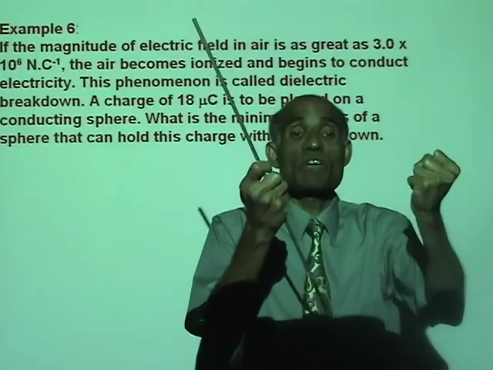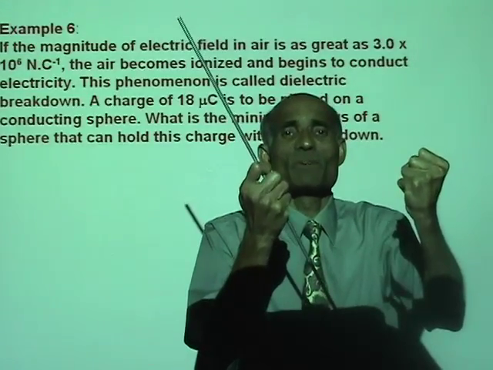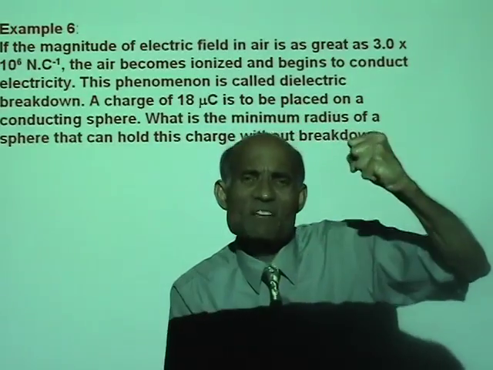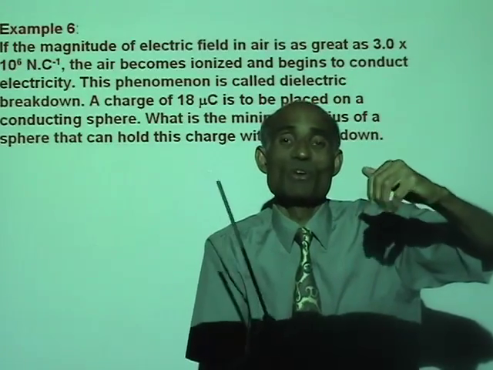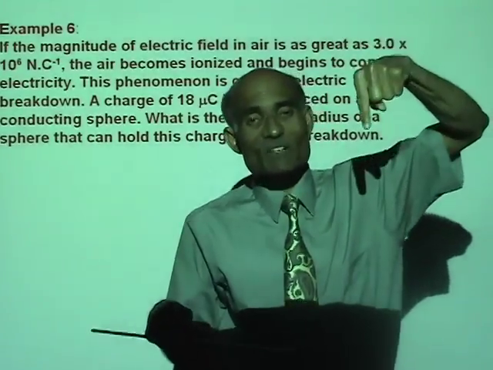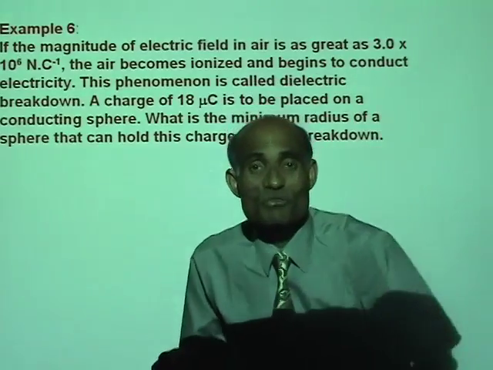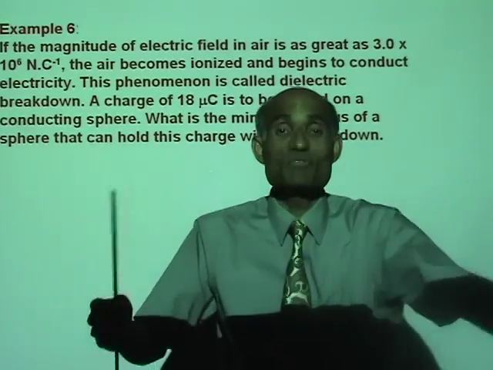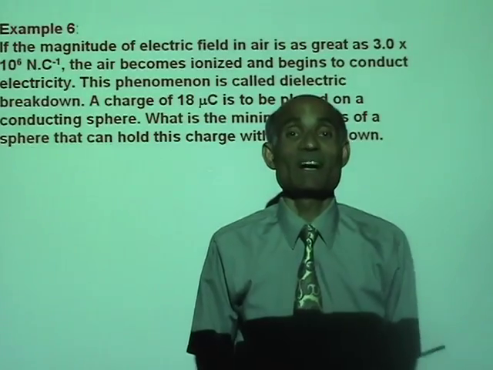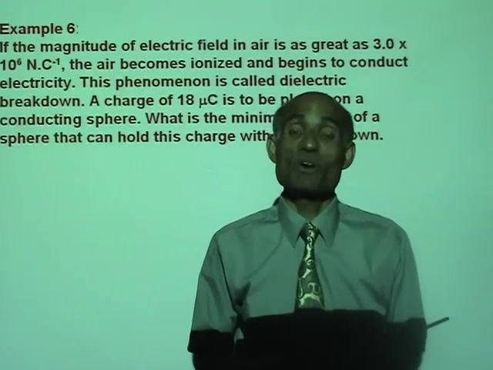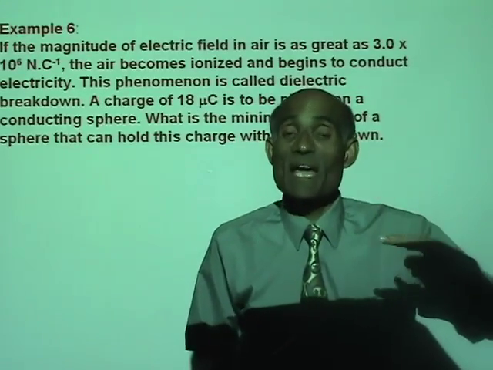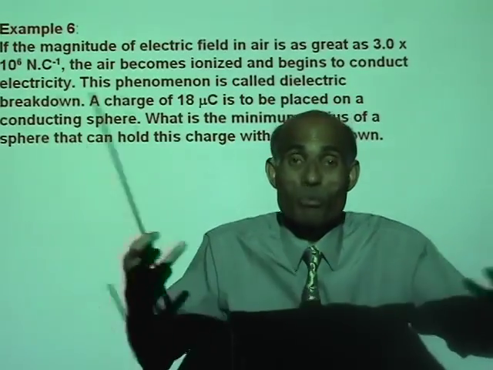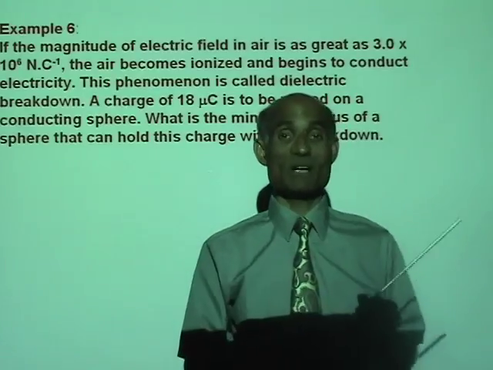And when that electric field is very large, it rips the atoms of the air molecules, producing ions, which then produces a great electric current that flows into the earth. Now that is what lightning is, and thunder. That happens because the air, which is a dielectric, breaks down and becomes a conductor.